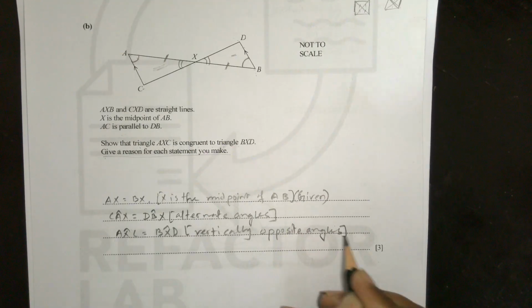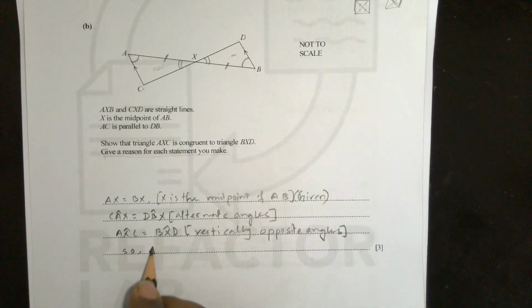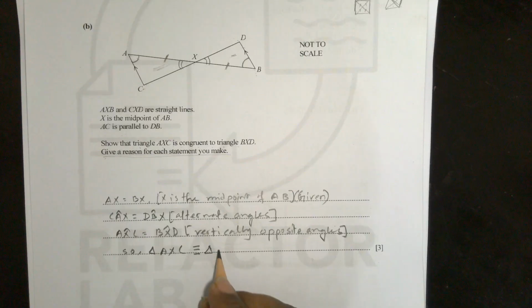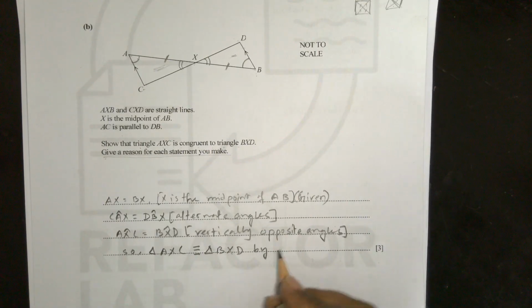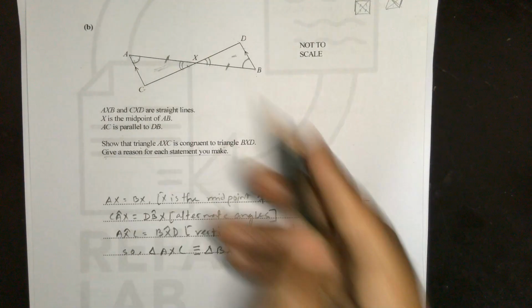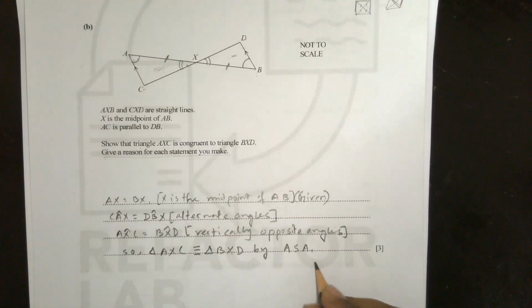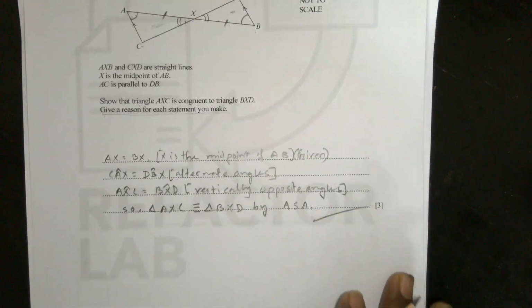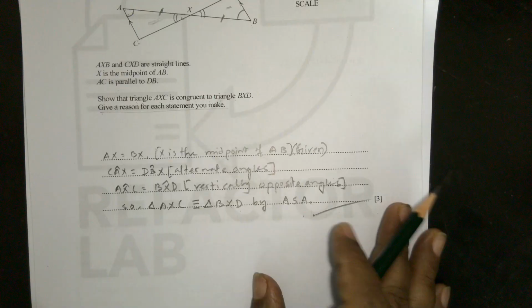So triangle AXC is congruent to triangle BXD by the property angle side angle. So ASA. Congruency has a few properties, right? So what property do I use to prove the two triangles are congruent?